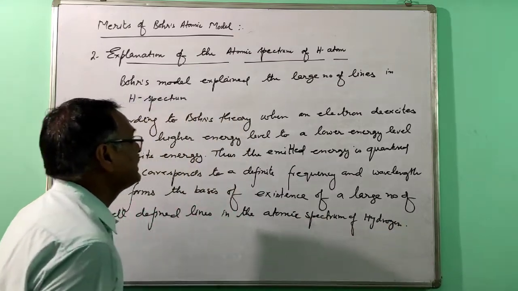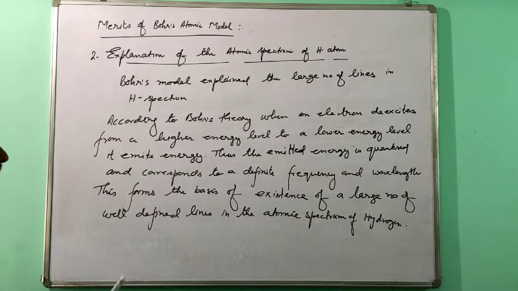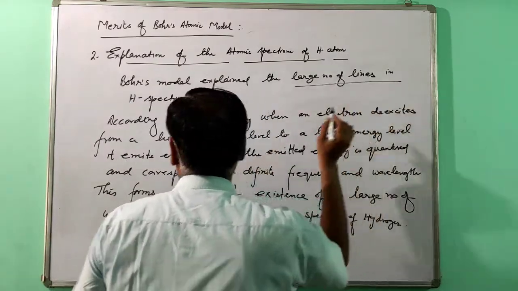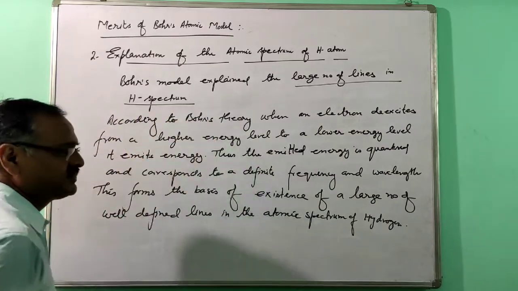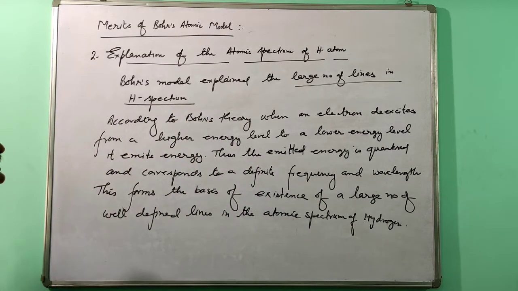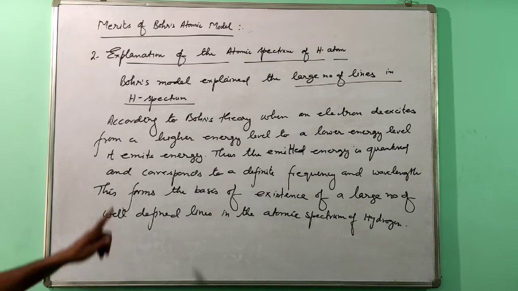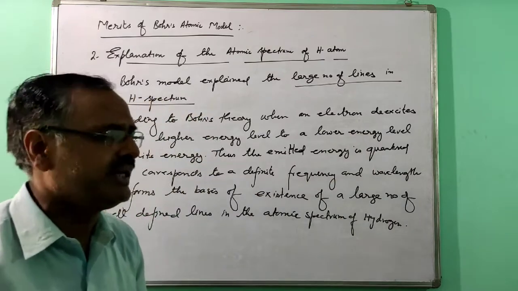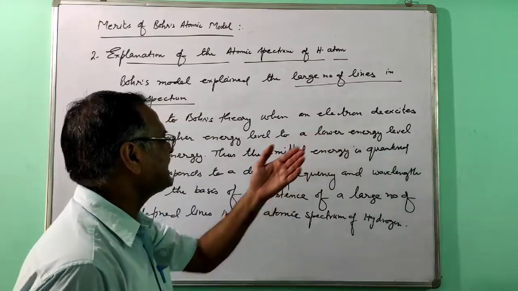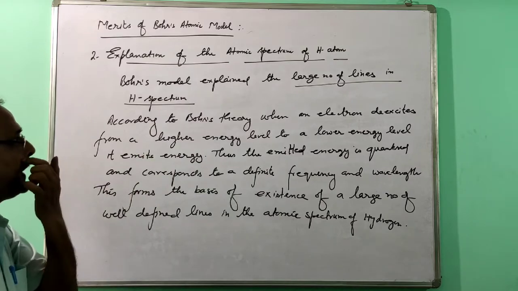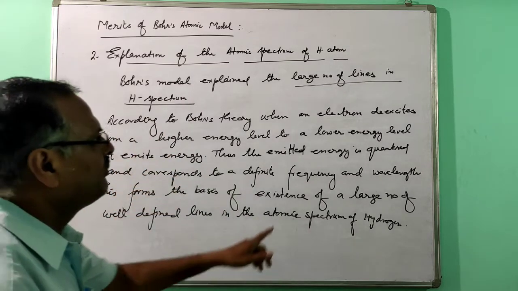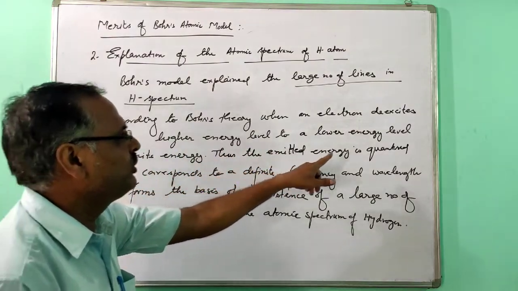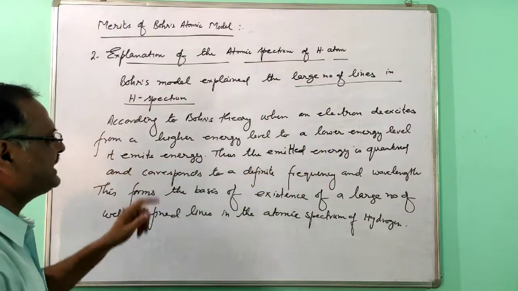Just to see what you have written. Bohr's model explained the large number of lines in the hydrogen spectrum. According to Bohr's theory, when an electron de-excites, it means it is coming from the higher energy state to the lower energy state, and it emits energy.